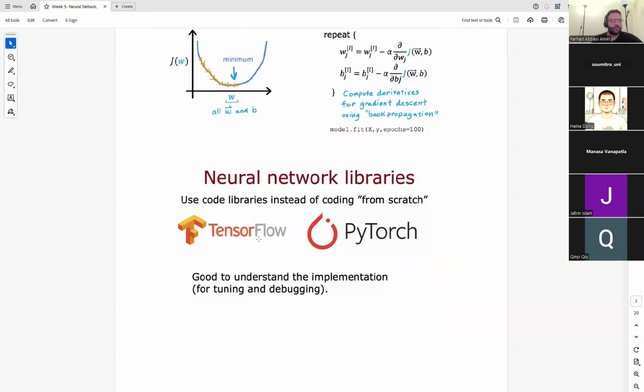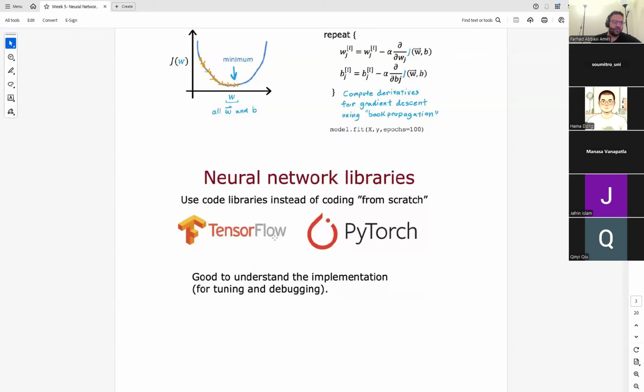So this is TensorFlow. You can see the logos of TensorFlow and PyTorch. Both of them are used for deep learning applications. And as I mentioned, when we use TensorFlow and PyTorch, you don't need to code from scratch.